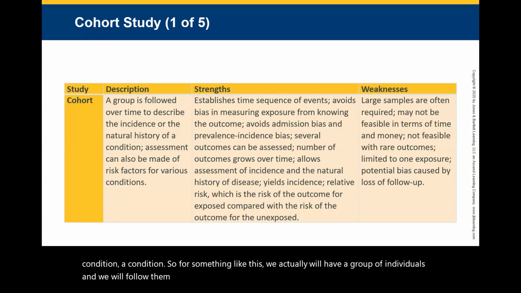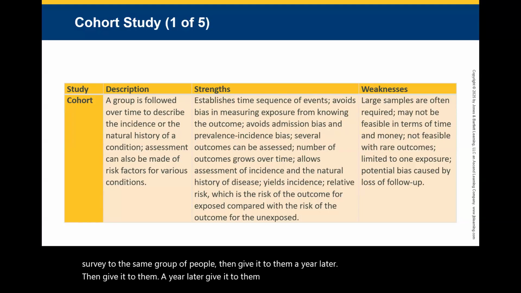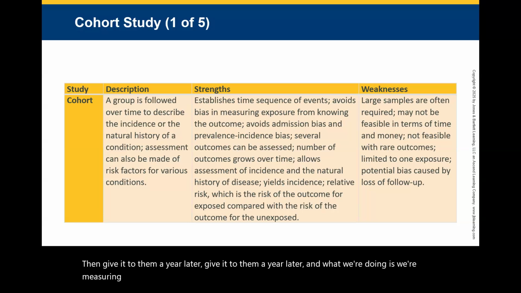So we might give the survey to the same group of people, then give it to them a year later, and a year later, and a year later. And what we're doing is we're measuring their exposure to certain risk factors, and we are measuring the incidence of new health issues or health outcomes.